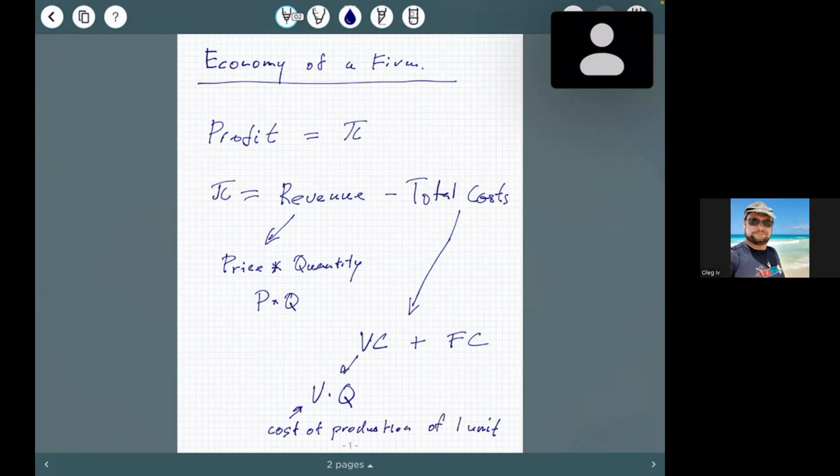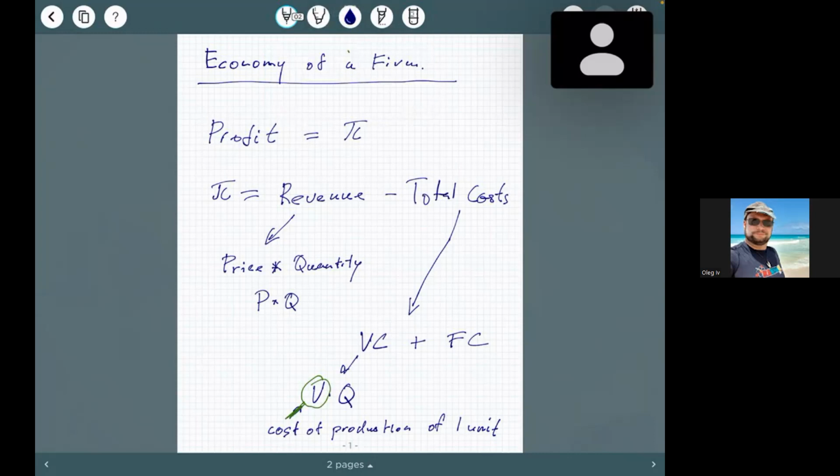So this V is the cost of production of one unit, and then multiplied by quantity. That will be the cost of production of all the units.